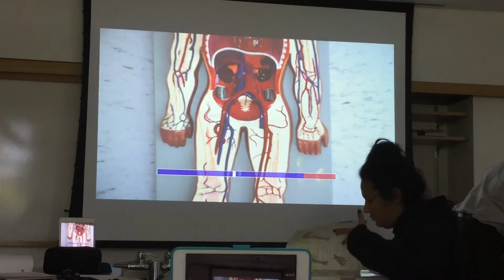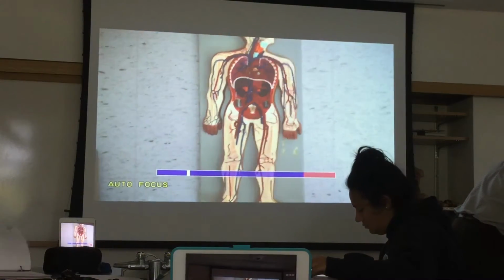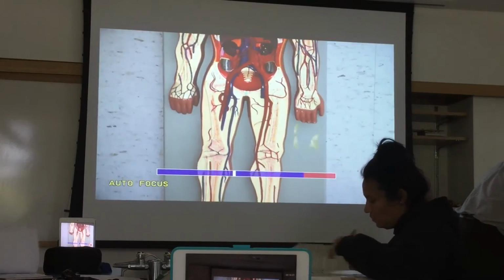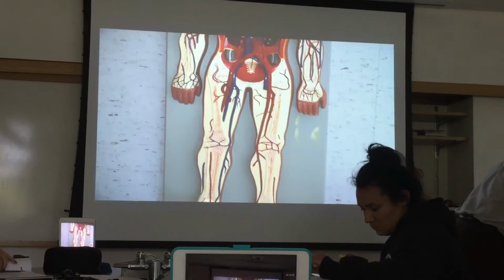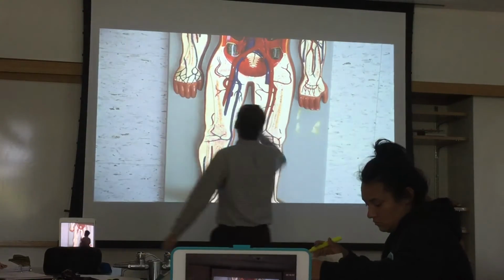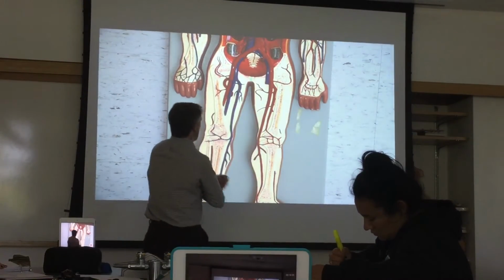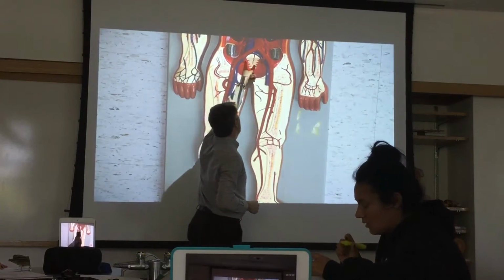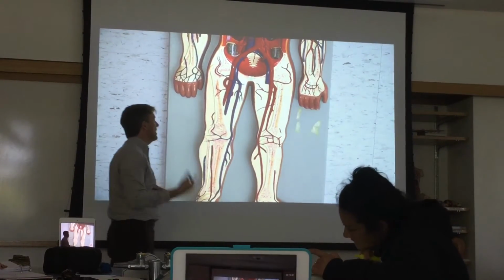Other branches that you see here, I'm going to go down. Once again, you'd have a common iliac vein up there, and then you'd have an internal iliac vein, and then the external iliac vein continues on.